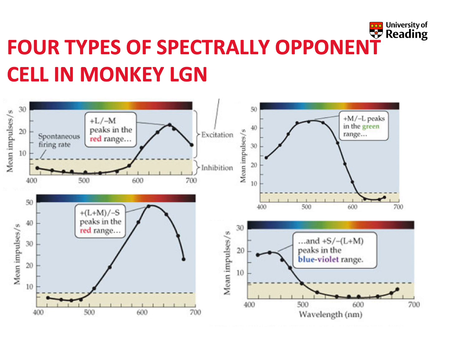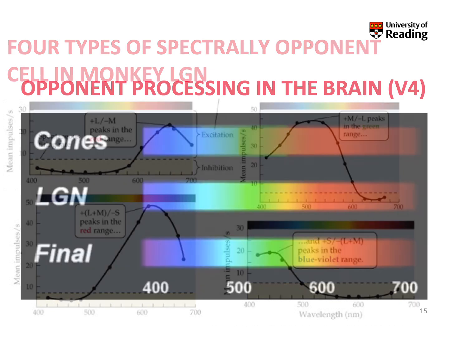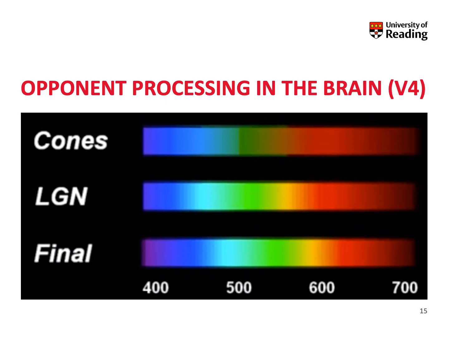So that's kind of the principles of opponency. So this slide just starts to get into opponent processing in the brain, which occurs mainly in visual area V4.